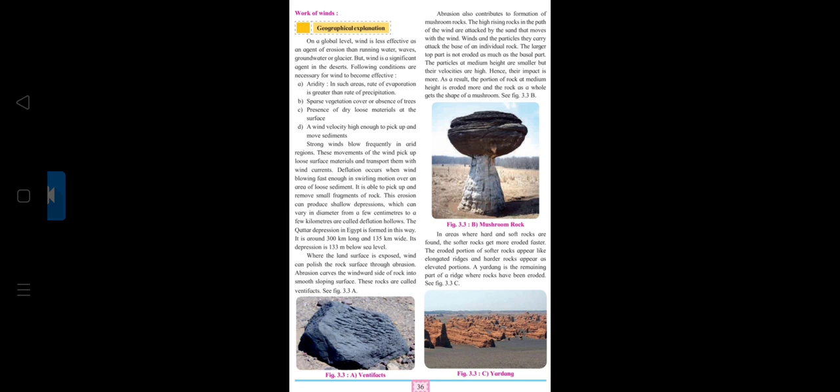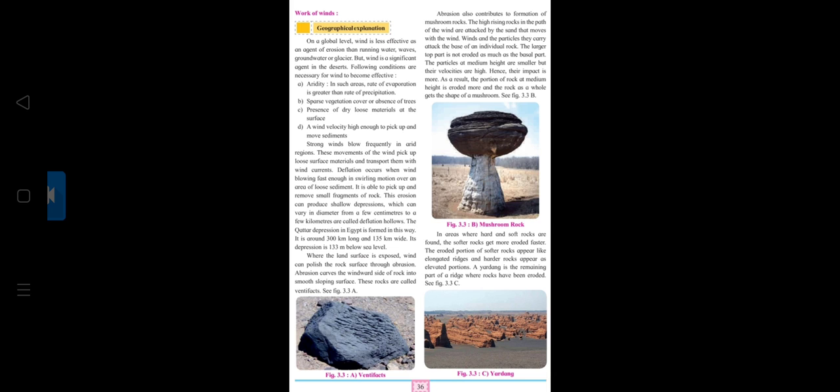Now, in areas where hard and soft rocks are found, the softer rocks get eroded faster. Very obvious. The wearing away of the softer rock portion appears like an elongated ridge, and harder rocks appear as elevated portions.